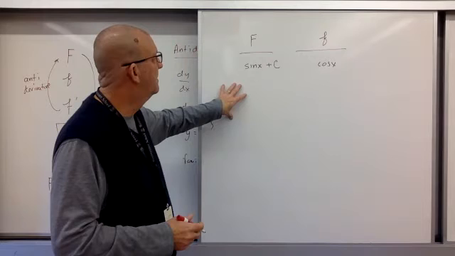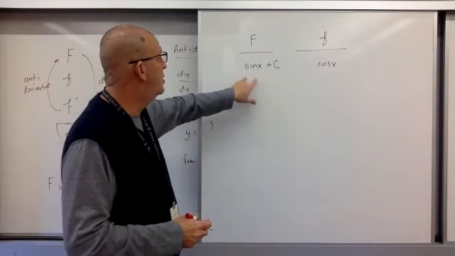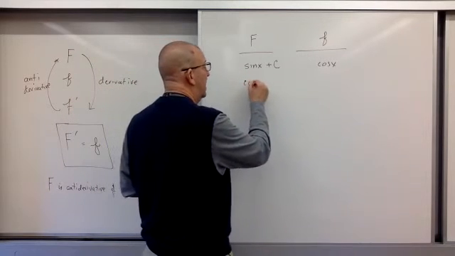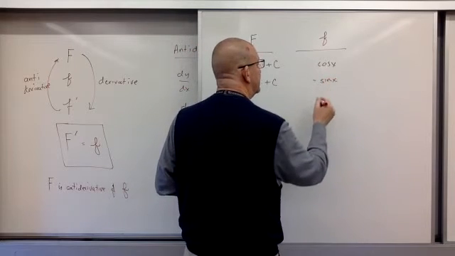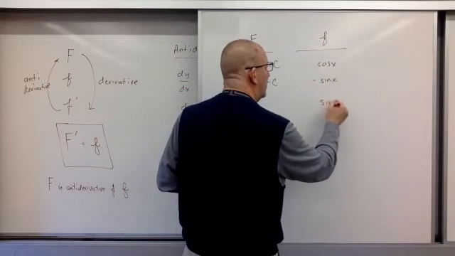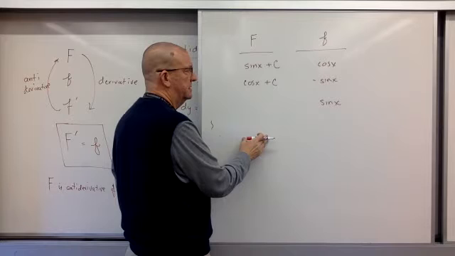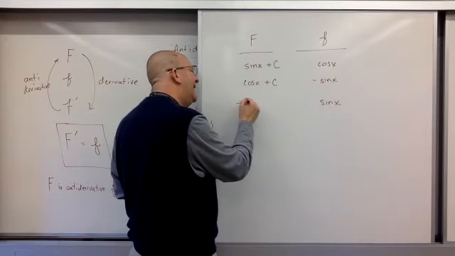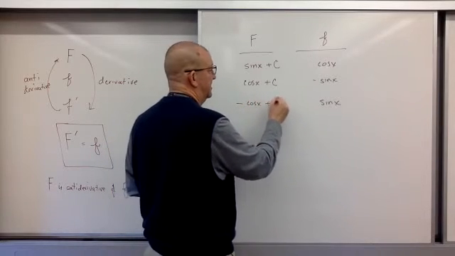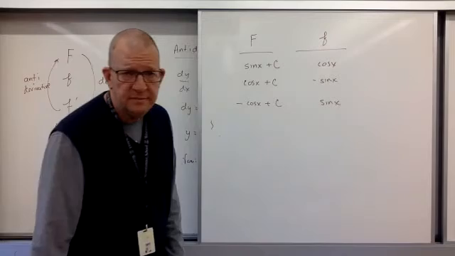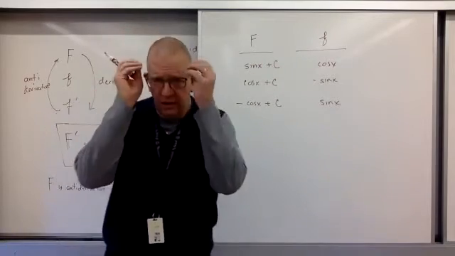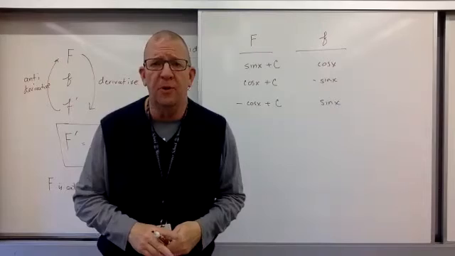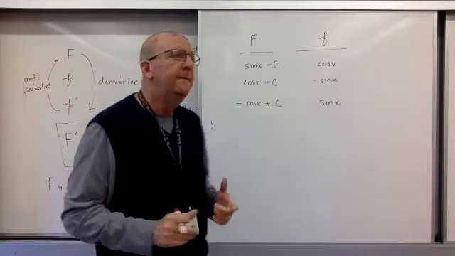How about here? So we knew that cos x plus c gave us negative sine x. But what would give us sine x? Negative cos x plus c. And then you have a whole list of formulas here, which I'm sure you could flip around in your brain, right?